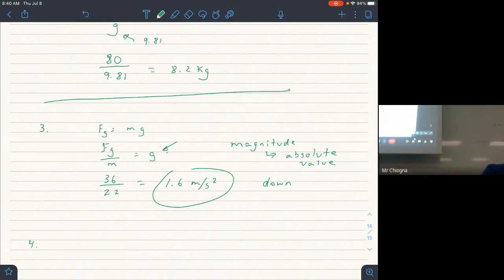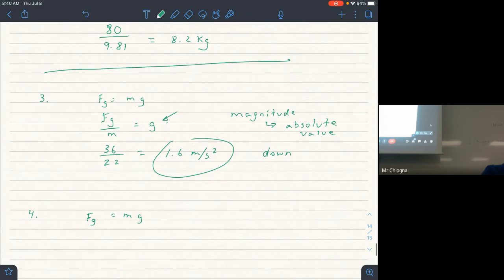Weight is the same thing as force due to gravity. So approximately, I was going to say 710, so 706 newtons.